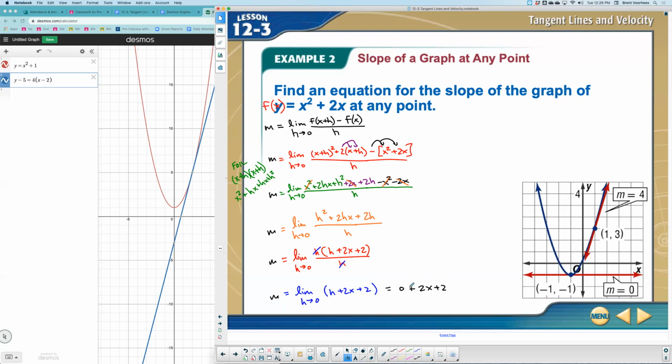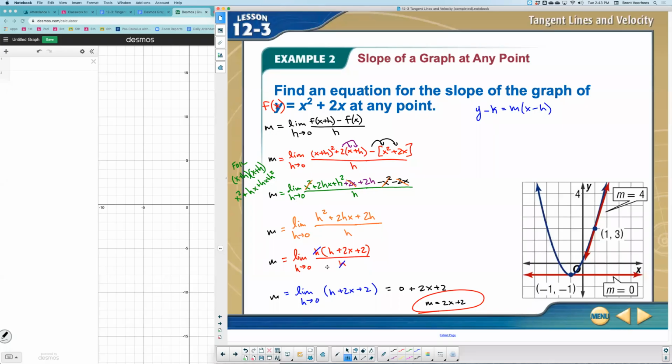This is going to be the equation at any point in time. What that means is the slope itself will be 2x plus 2. So whatever x value you choose, you will be able to find your equation of the line from there. Again, if I wanted to find the equation of the line using point slope form, that's y minus k equals m times x minus h.